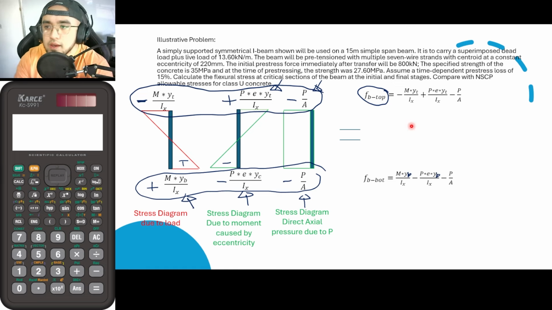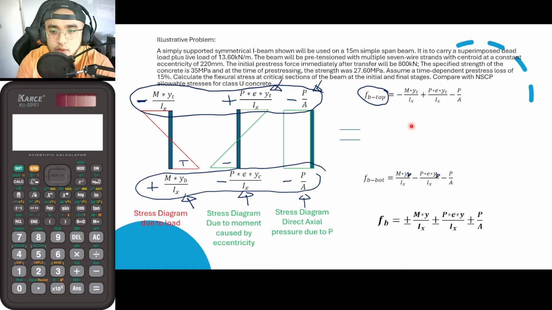Generally speaking, if you want to know the general equation, this is now the general equation: plus or minus MY over IX, plus or minus PEY over IX, plus or minus P all over A. So that is now our general formula.